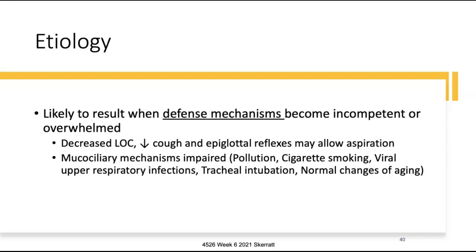So think about your stroke patients and your spinal cord injury patients. And then the mucociliary mechanisms are impaired, which I spoke about on the previous slide. Mucociliary mechanisms can be impaired from pollution, cigarette smoking, viral upper respiratory infections, tracheal intubation, and then just the normal changes with aging.